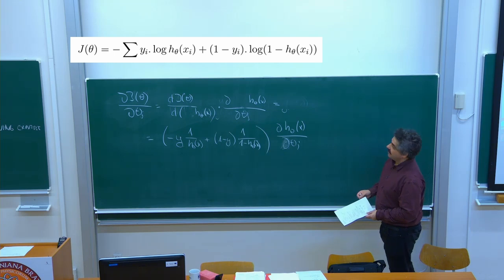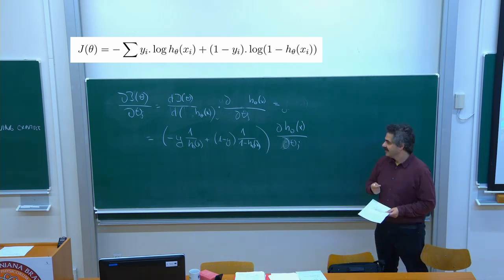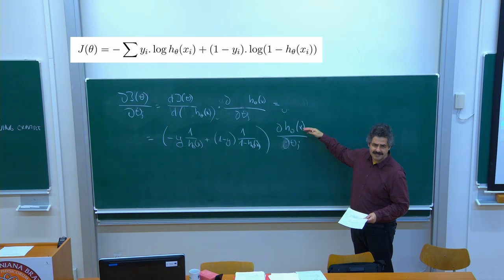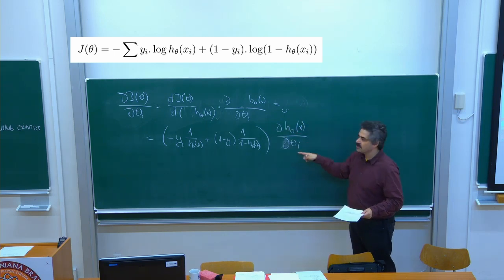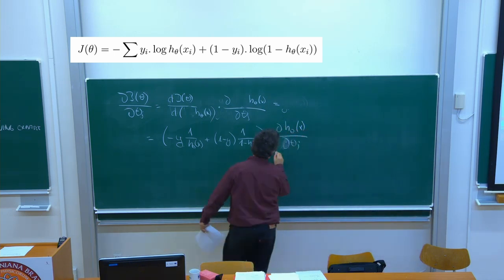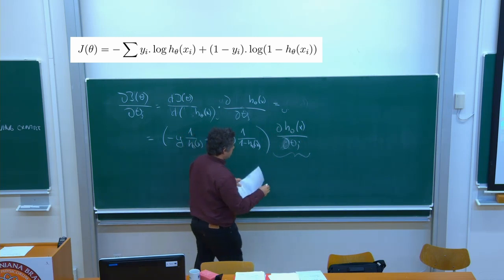I can still work on this. Chain rule is a good thing. Because the function h theta x has logarithms and things like that in it, it's a reasonably complicated function. So I will split this again and use the chain rule. Instead of doing this directly, I will decompose it.